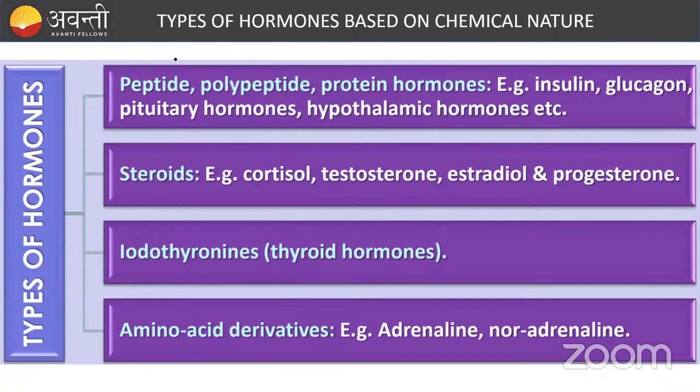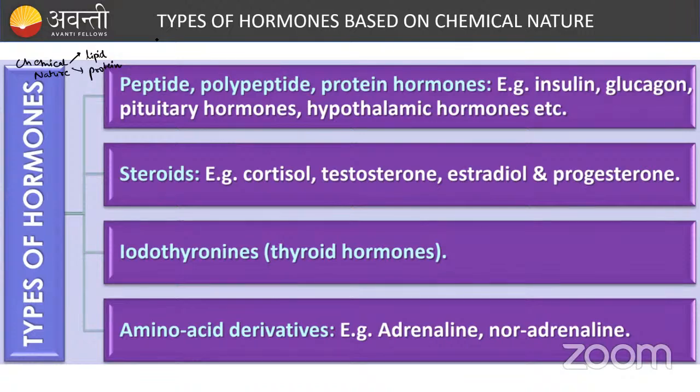On the basis of the chemical nature of the hormones, whether they are peptide or proteinaceous in nature, or lipid in nature, we have divided the hormones into 4 types.